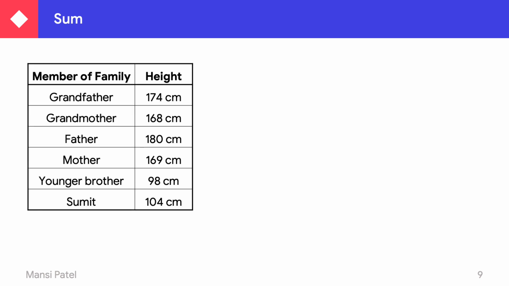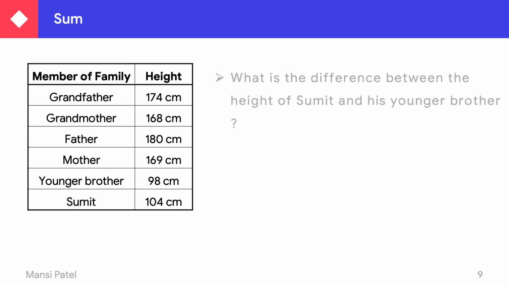Let us see some another question regarding this table. What is the difference between the height of Sumit and his younger brother? As we know already, whenever this type of word is coming, difference, this difference represents we have to do the subtraction. We have to subtract the smallest number from the biggest.